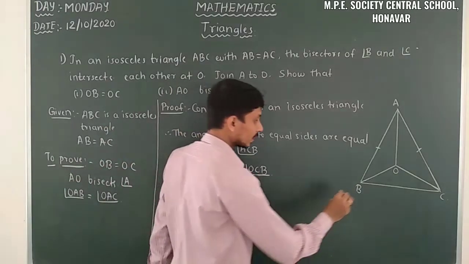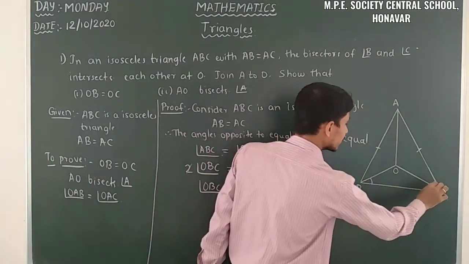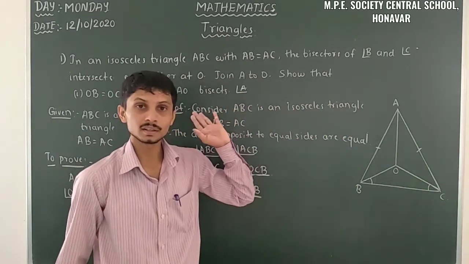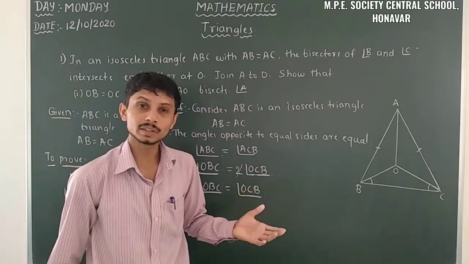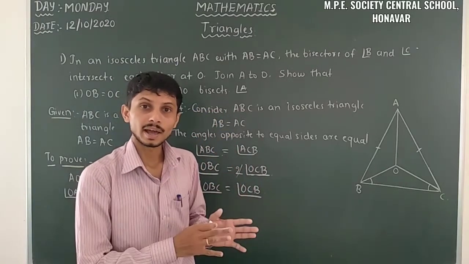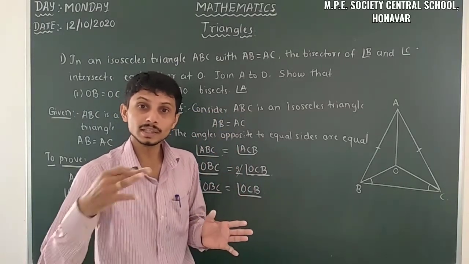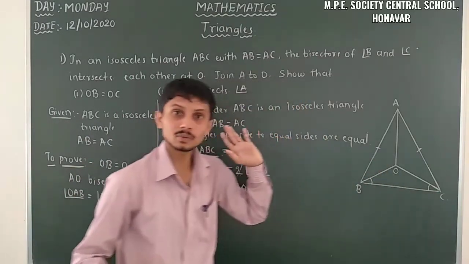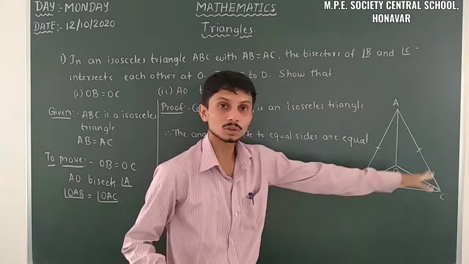So this angle and this angle are equal. We already know that sides opposite to the equal angles are equal. So we can take OB is equal to OC.